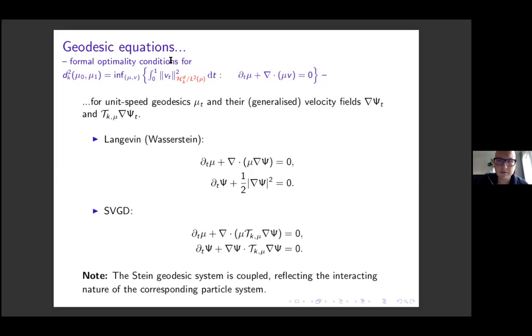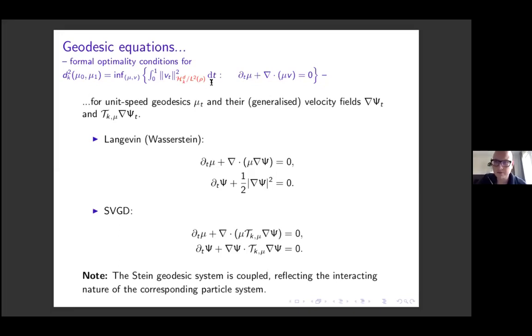You can associate to these geometrical notions that come from this distance equations for geodesics. In finite dimension, or just on a usual manifold, if you have two points and the space is somehow curved, how can you compute the connecting curve? This is the same question that you can ask here.